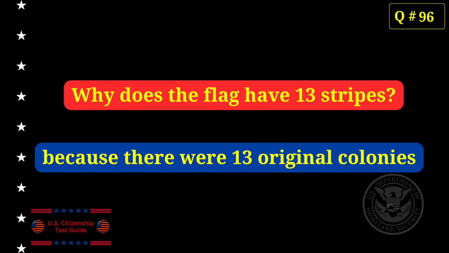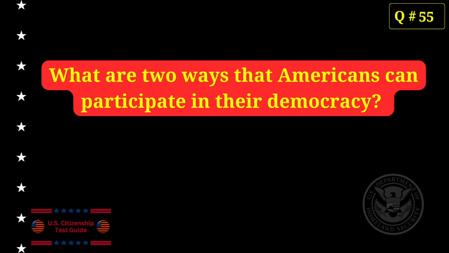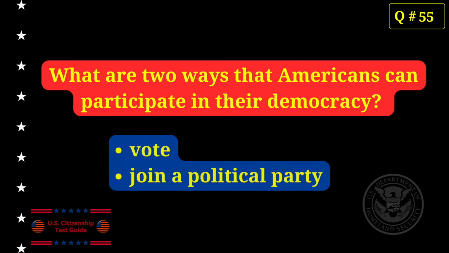Because there were 13 original colonies. What are two ways that Americans can participate in their democracy? Vote. Join a political party.